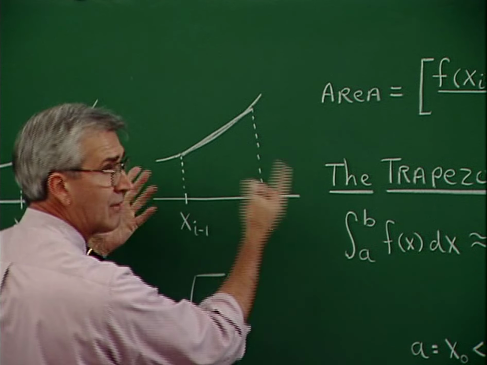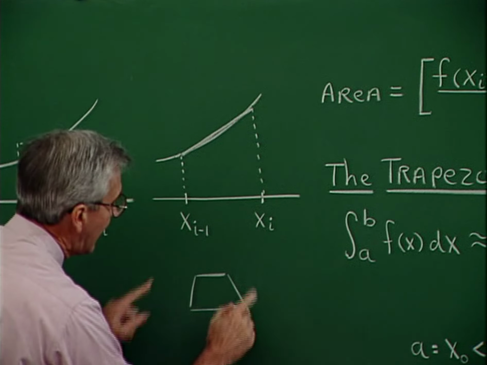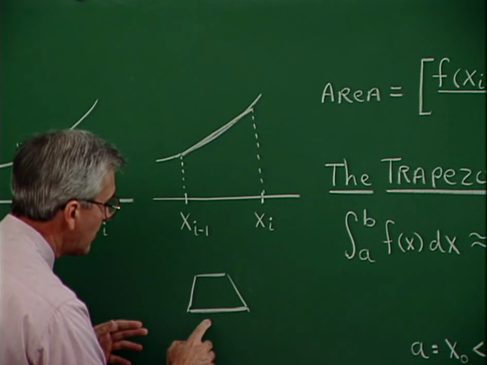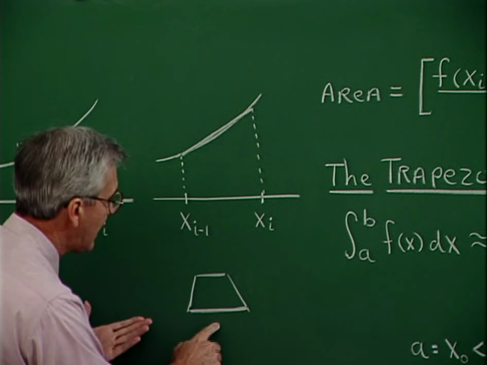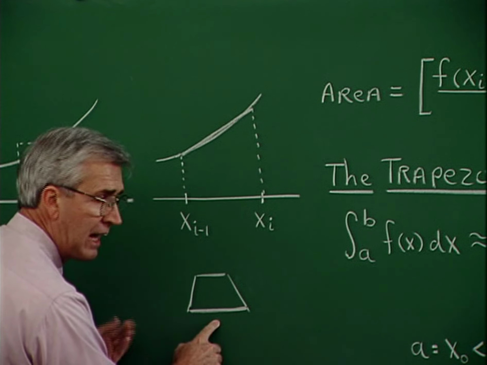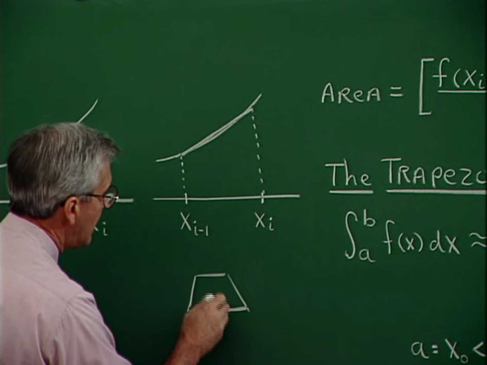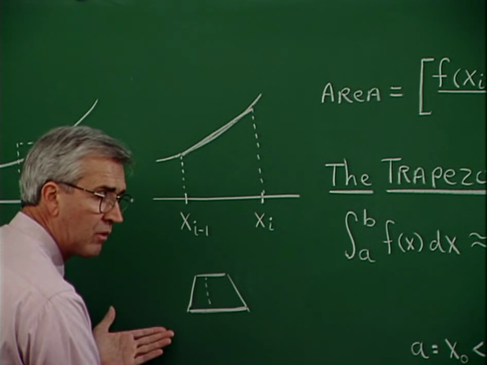Well, here they're kind of across one another, so we have to take that into consideration. But this is kind of familiar, so I'll use this as a model just for the time being. We end up taking the average of the upper base and lower base. So we add these two lengths, and then we divide by 2 and multiply times this height. So it's the average of the upper and lower base times height.